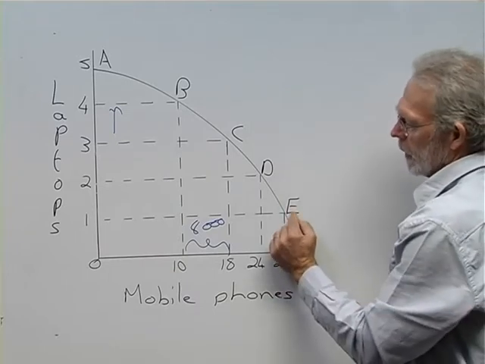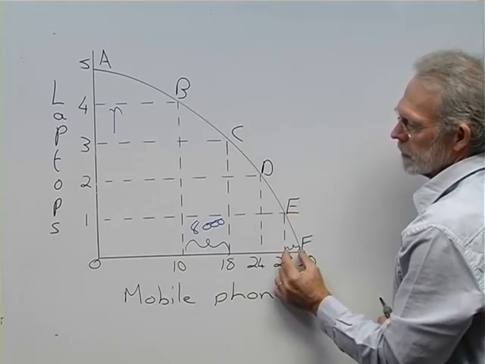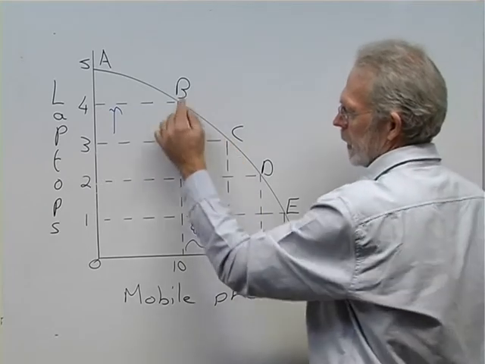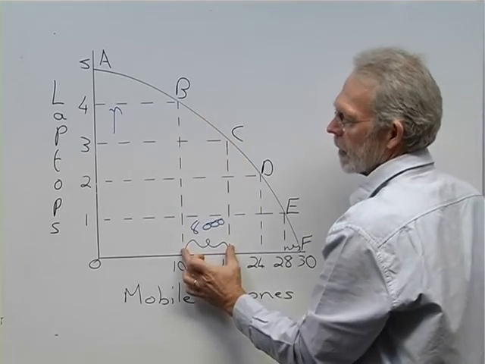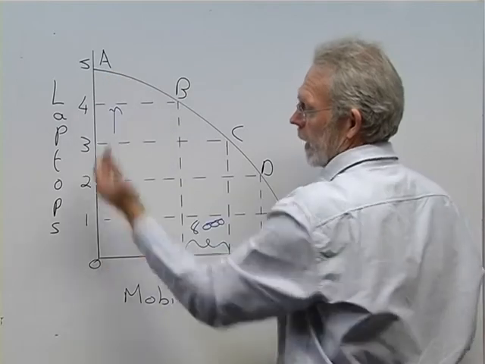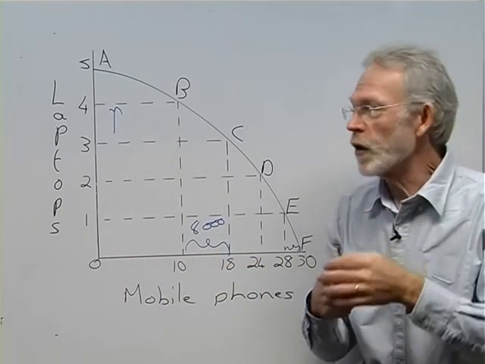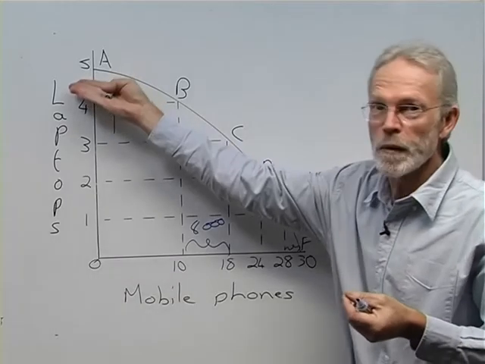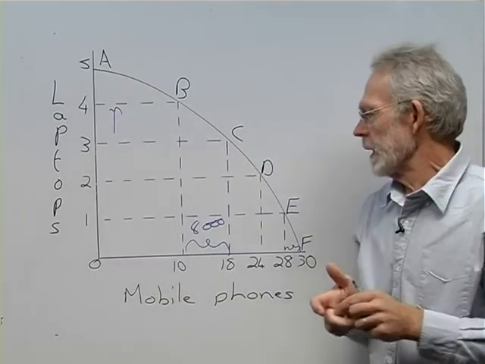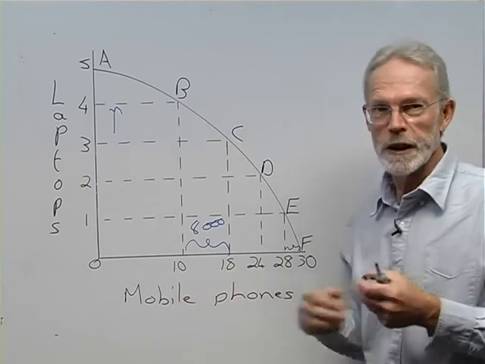Moving from point F to E, 2,000. From point C to B, we have to give up 8,000. If we move from B to A, 10,000. So the opportunity cost of producing more laptops increases in terms of the mobile phones that we had to give up.